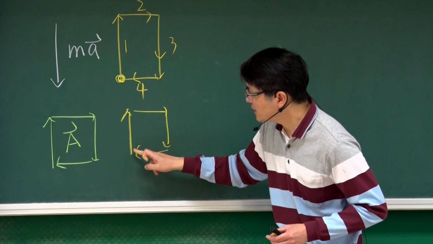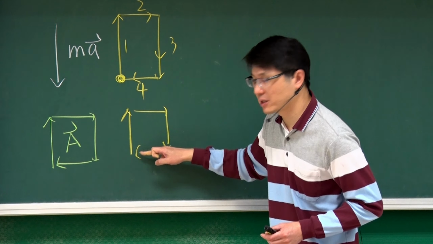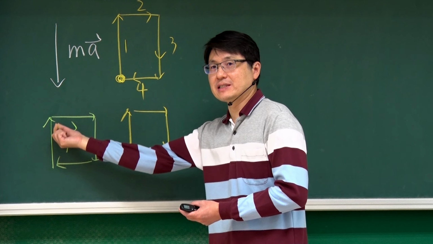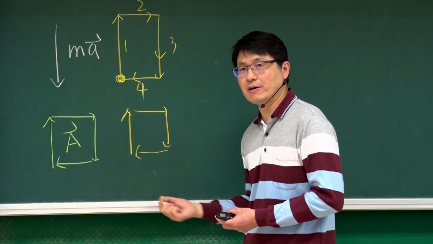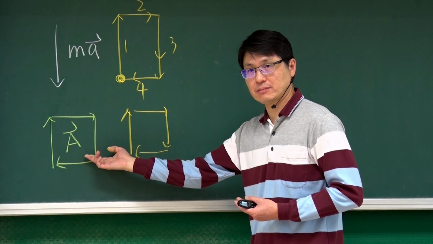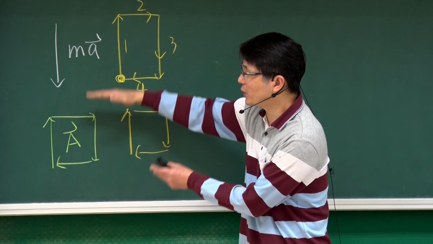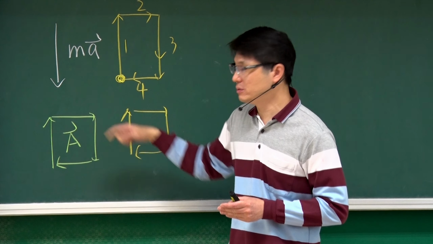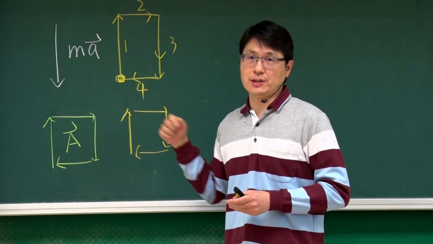But in this case, each segment along the closed loop you're walking on has the same sign of work donated from your vector field. So these are two different vector fields. One is unidirectional, another is rotational.